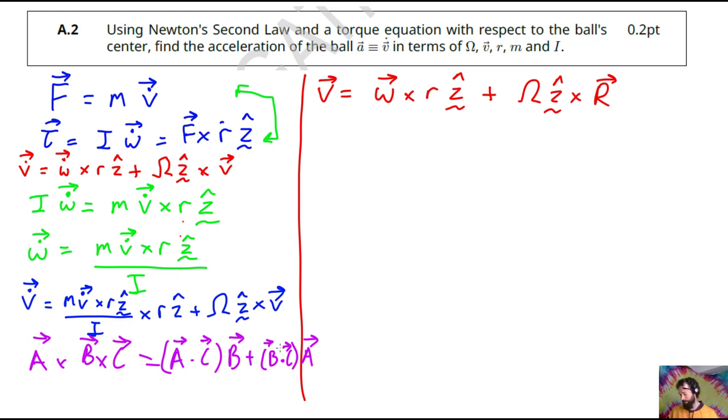For that first term, we've got v dot cross z more or less, with the factor of m r squared out the front. In this particular case, our b dot c is going to equal 1, so the direction we get is just A. Because we have unit vectors for z, that dot product is going to equal 1.